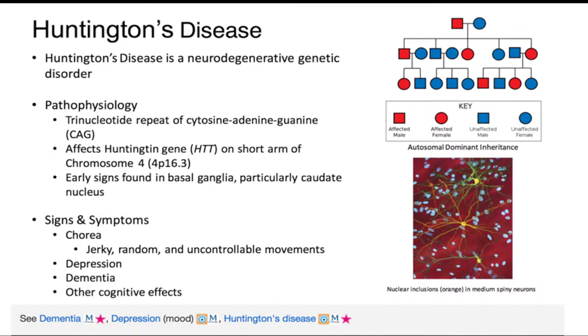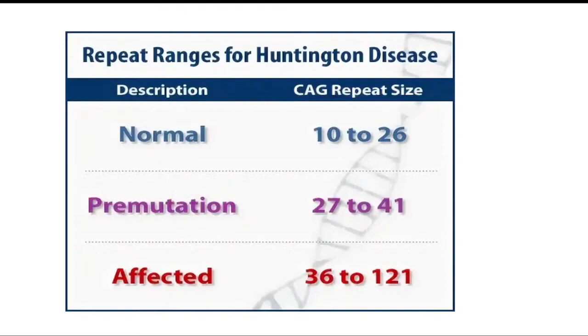This is an autosomal dominant disease. So, in affected people, the number of repeats increases from 36 to 121, and the normal number of repeats is from 10 to 26. The premutation stage is from 27 to 41 repeats.